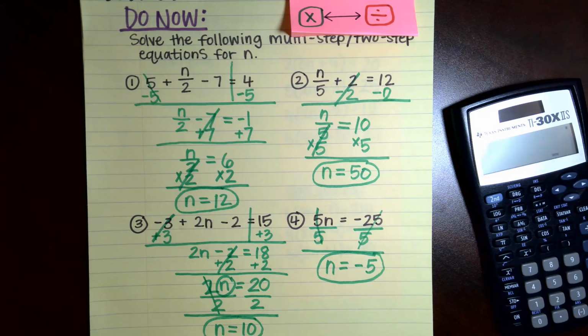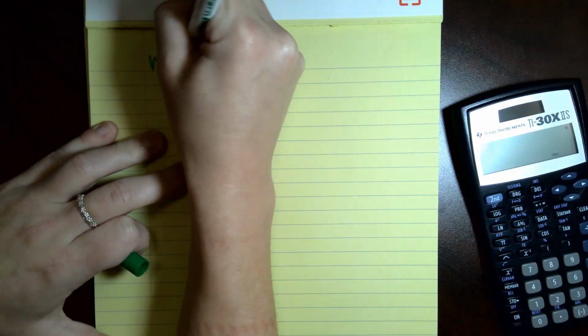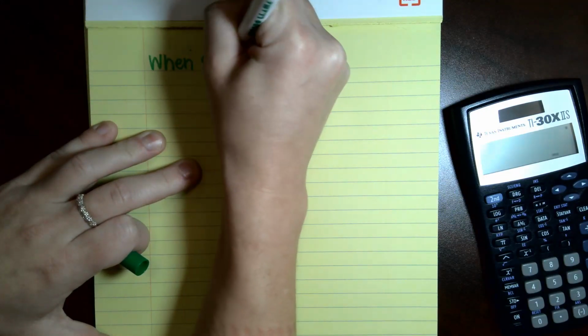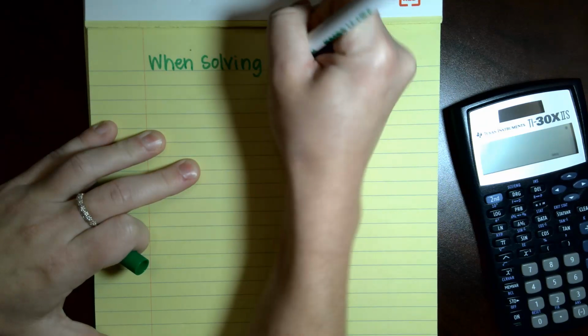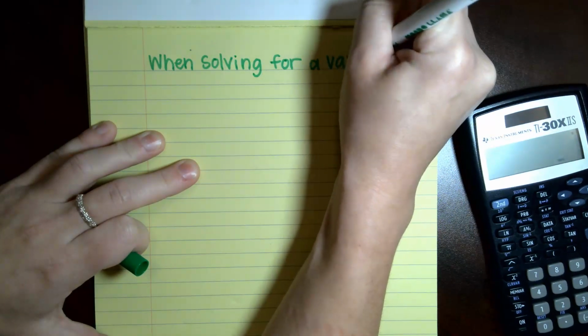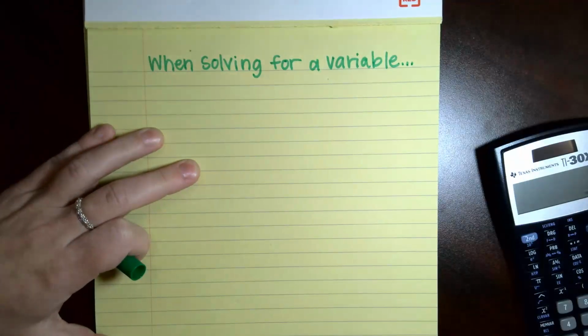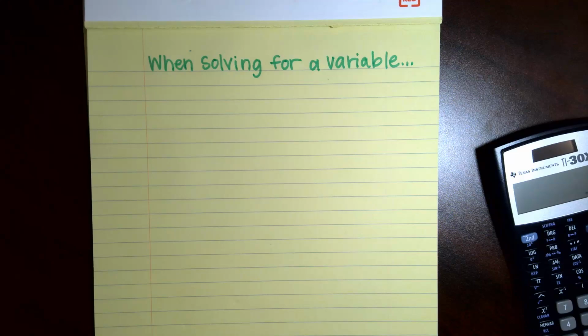So here, let me write these steps out. When solving for a variable, these are the steps that we've been taking.